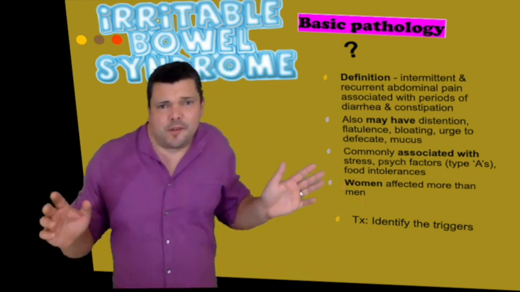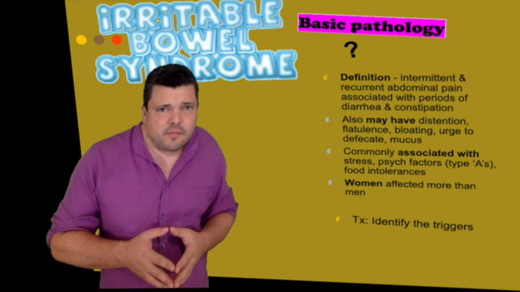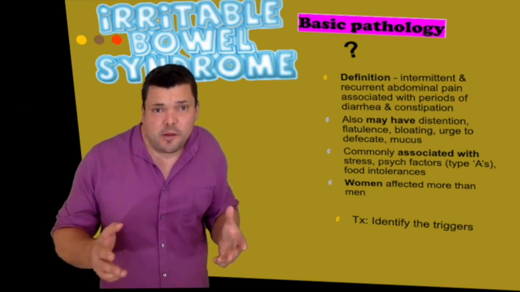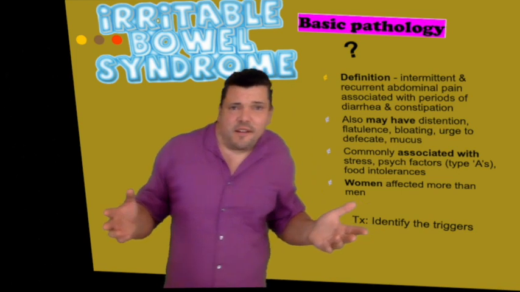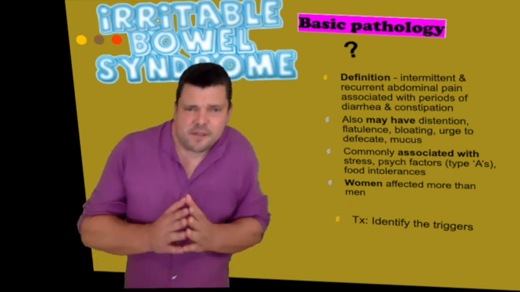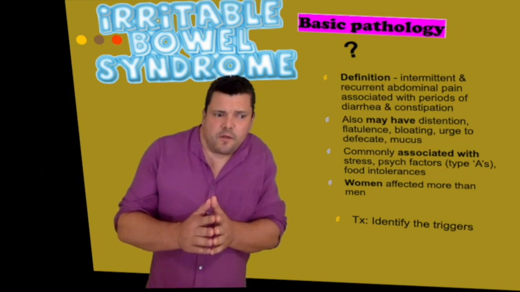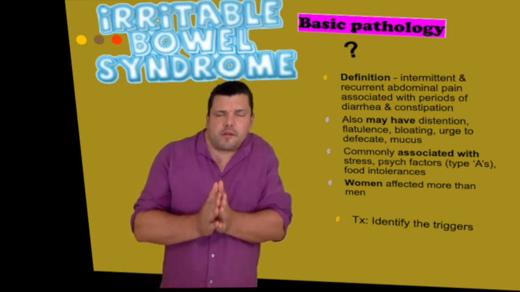Irritable bowel syndrome. Basic pathology? I don't have much to say here. There are a lot of theories going on. There's nothing definitive in terms of pathology for patients with irritable bowel syndrome.